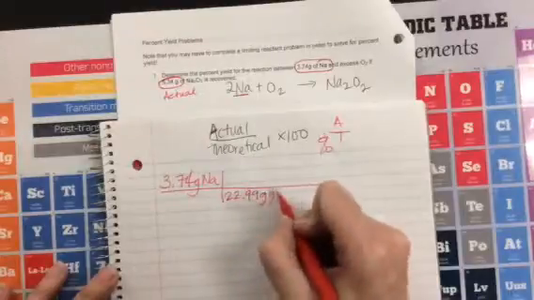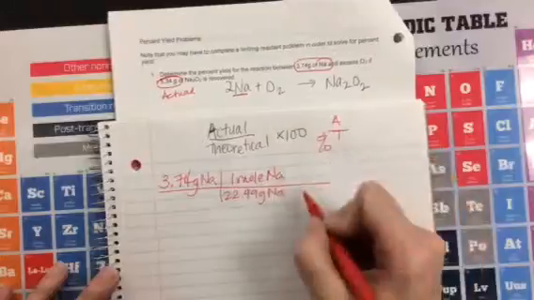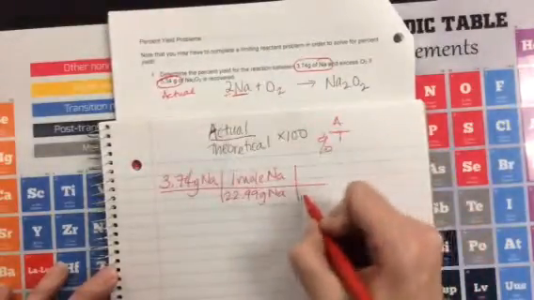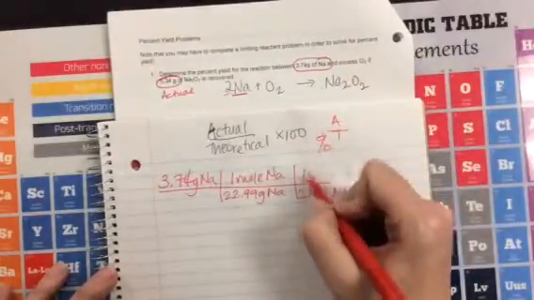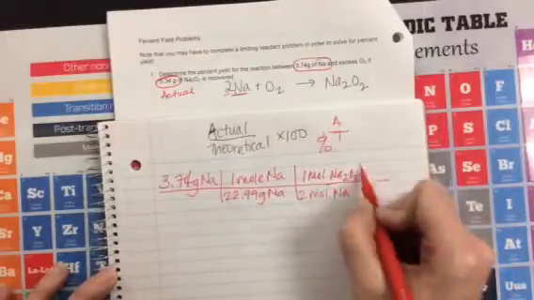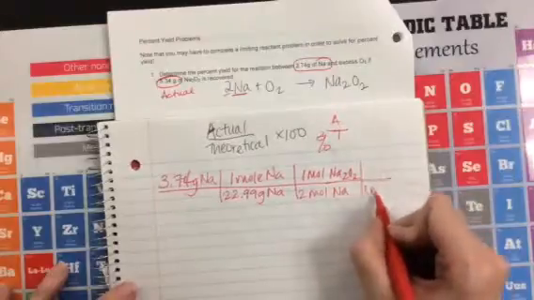Molar mass of sodium, 22.99. That is the mass of 1 mole. The second step is my mole to mole ratio. For every 2 moles of sodium, I have 1 mole Na2O2.